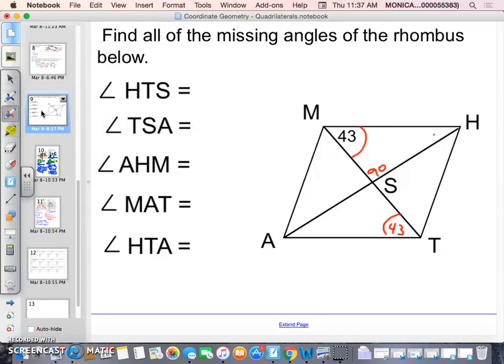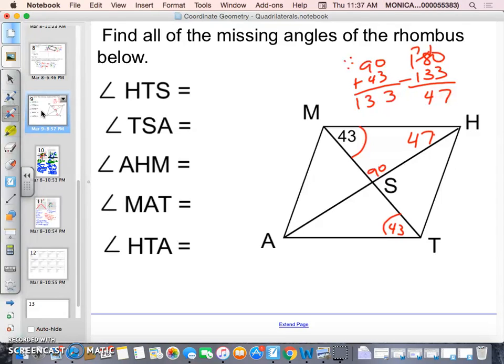And so if I wanted to find this angle here, I would just do 90 plus 43, and 180 minus 133 is 47. So I've got a 47, 43, 90.